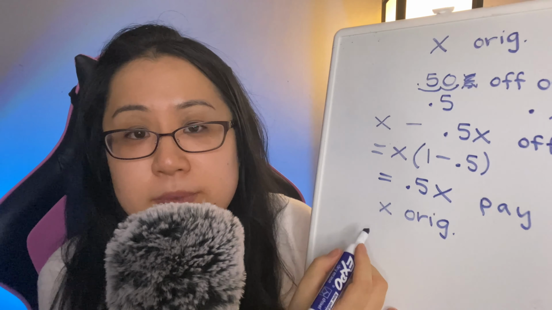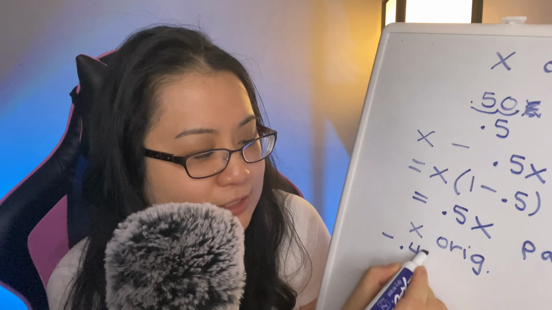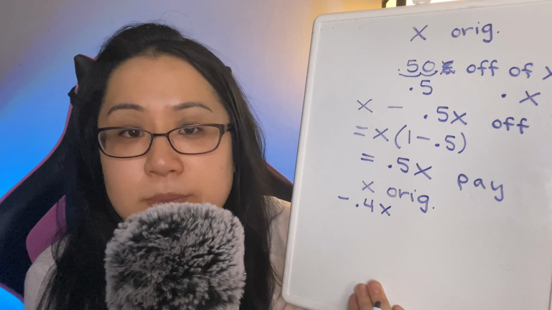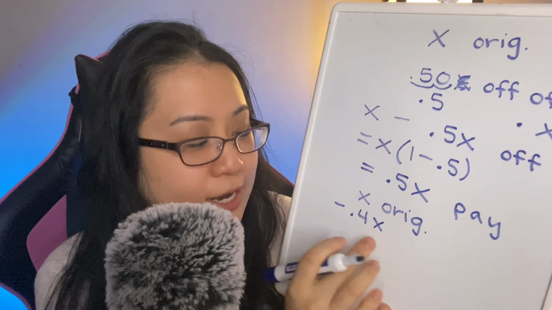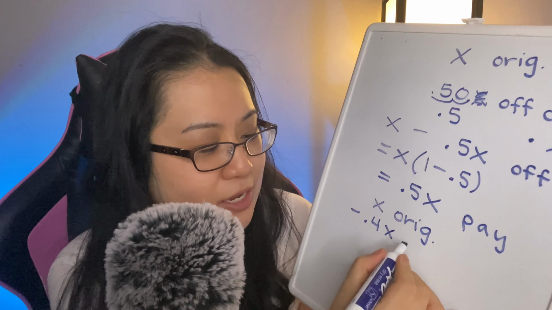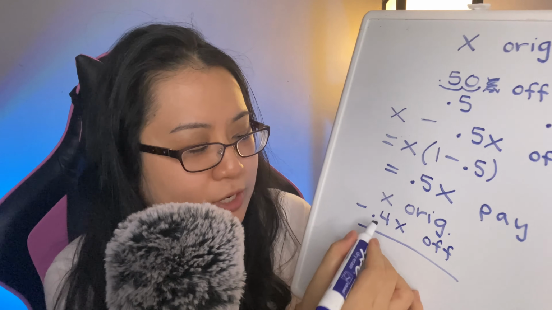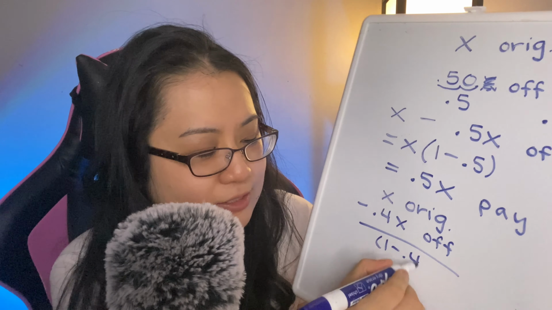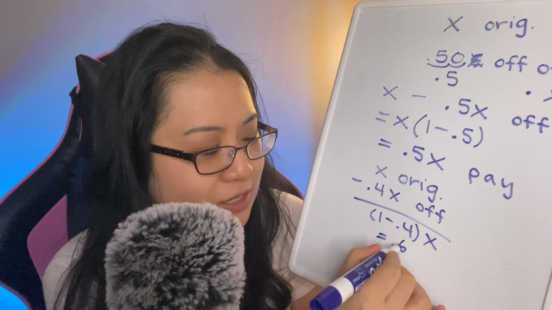But if you have 40% off, you could do this as x minus 0.4x, because 40% is 0.4 and 40% of x is 0.4x. So this would be the amount off, and then you would have 1 minus 0.4, what we did, which is 0.6x.